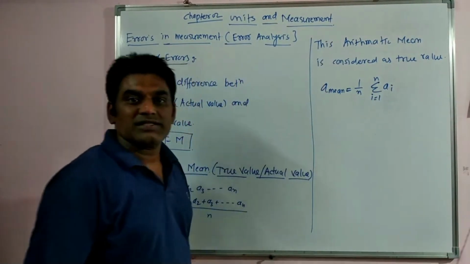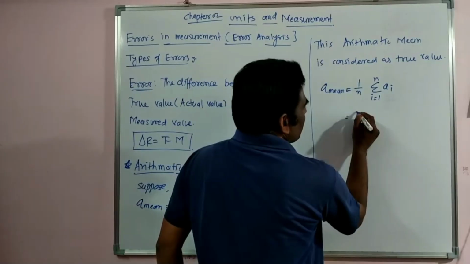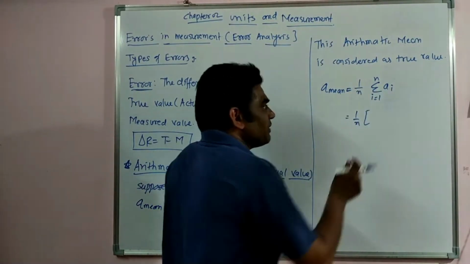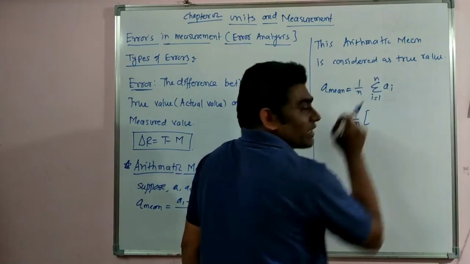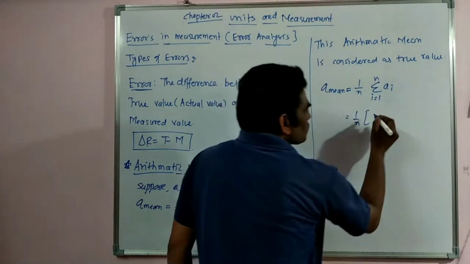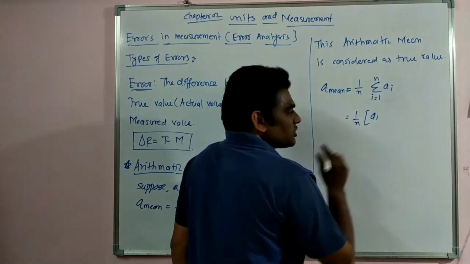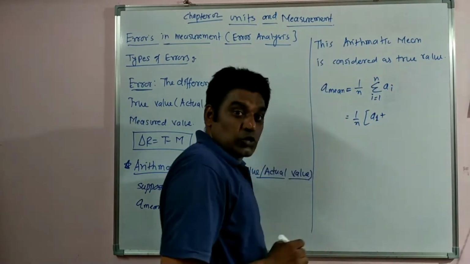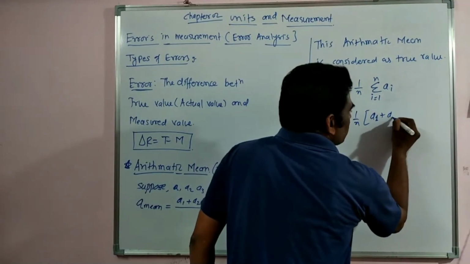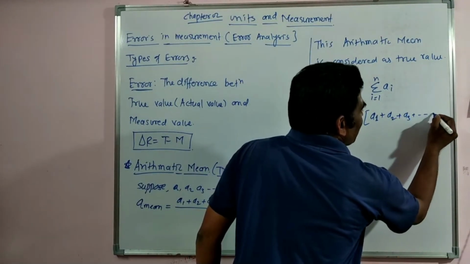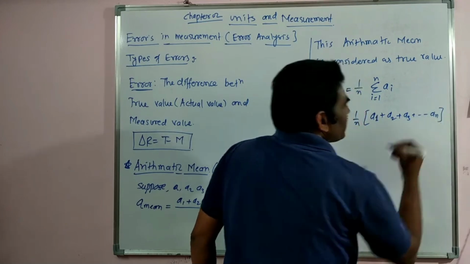What is the meaning of this? Meaning of this is 1 upon n. This is a summation symbol, which means i changes from 1 to n. So first you take i is equal to 1, so a1, this is a summation symbol, plus a2 for i is equal to 2, plus a3 for i is equal to 3, like this up to i is equal to n.